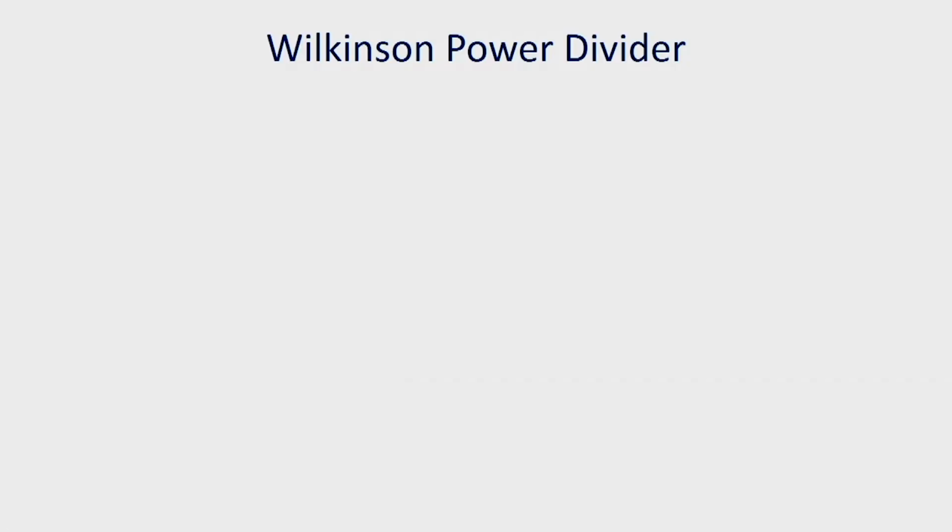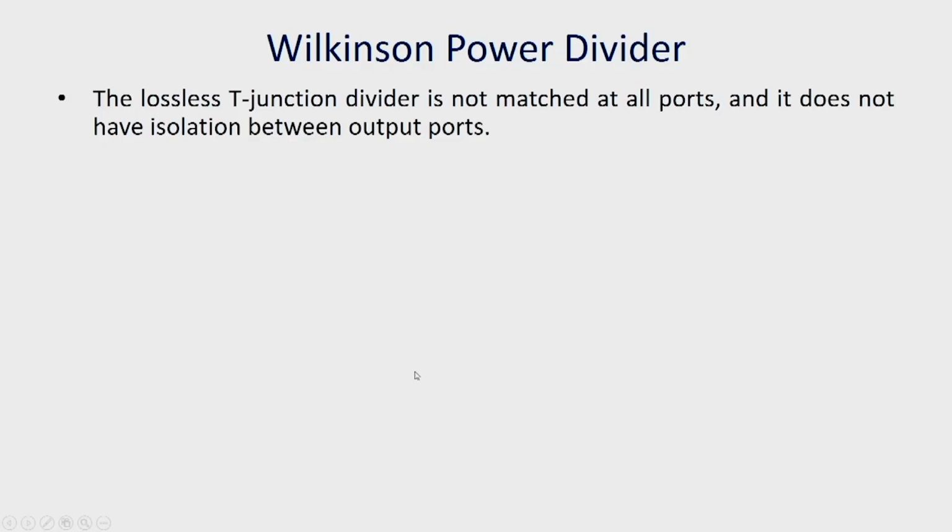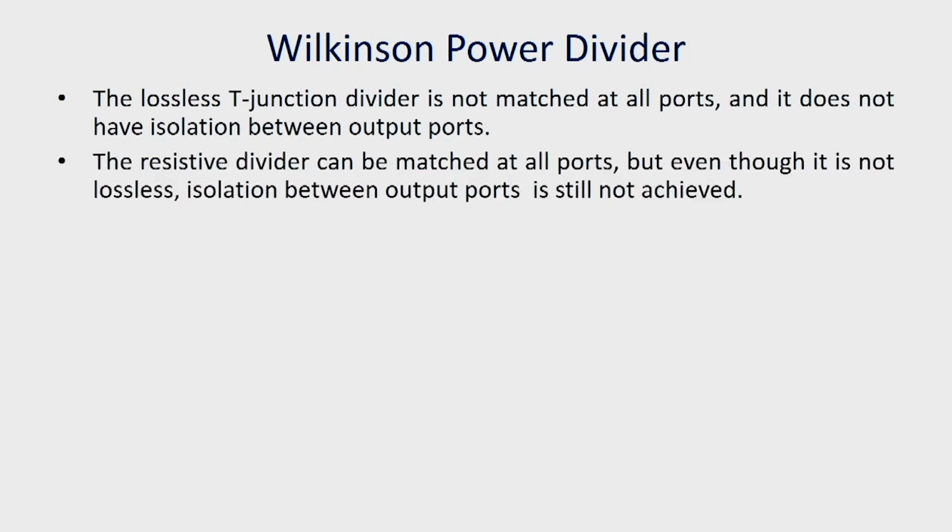We move on to another power divider configuration, which is called Wilkinson power divider. So, a lossless T-junction divider is not matched at all ports and it does not have isolation between the output ports. Similarly, we have discussed a resistive power divider.